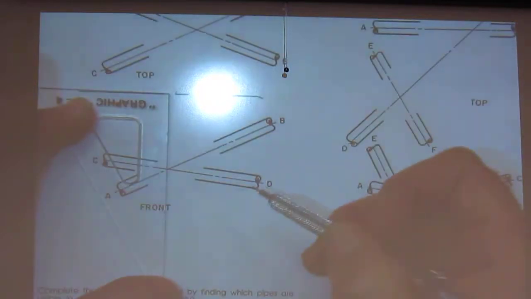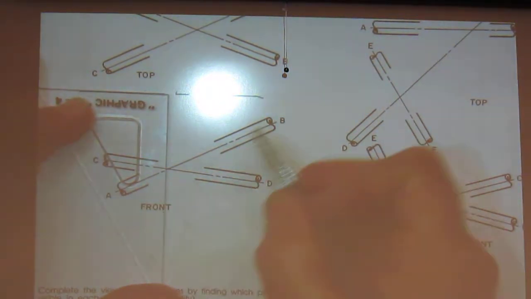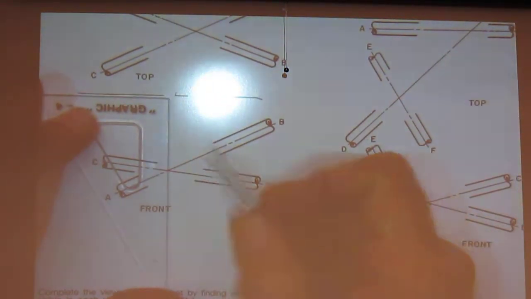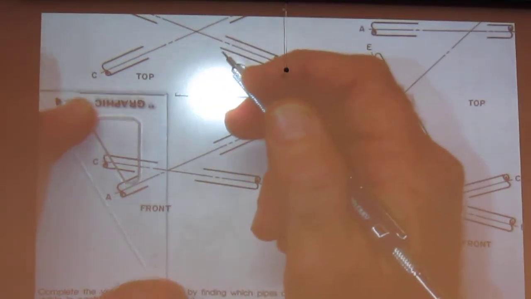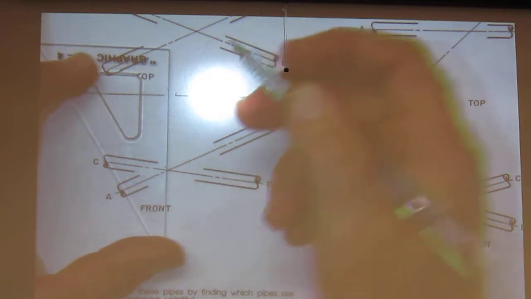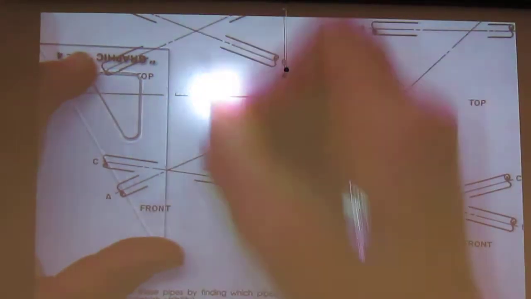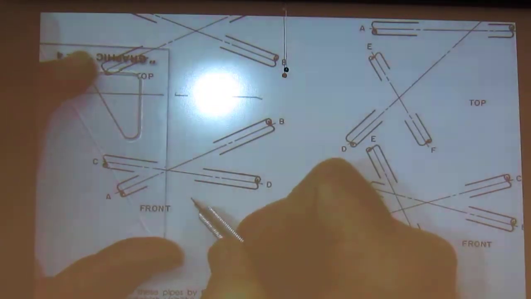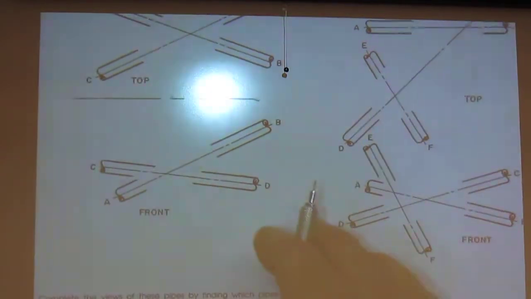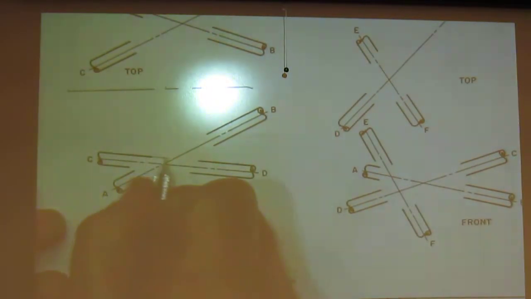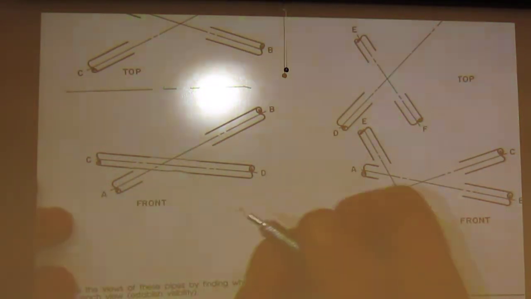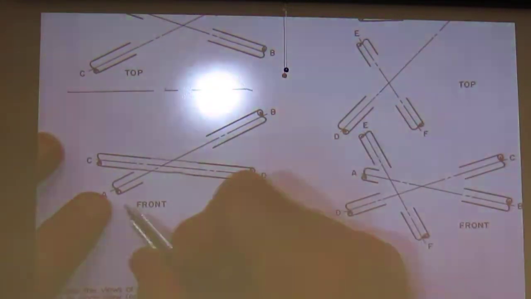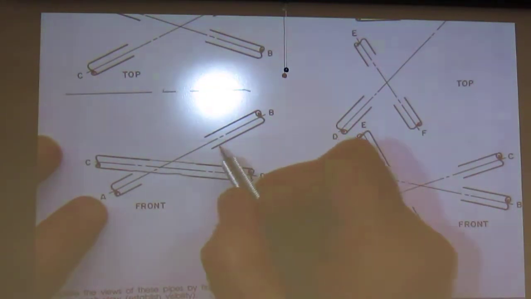So in this case, I'll look at the front view. Is it AB or CD on top? I want to stay perpendicular and project up. I think you can see this is pretty straightforward. I hit CD first on this bottom view. So what does that tell me? It tells me that CD goes over the top of this, so it should be done with object lines. AD has to go underneath.